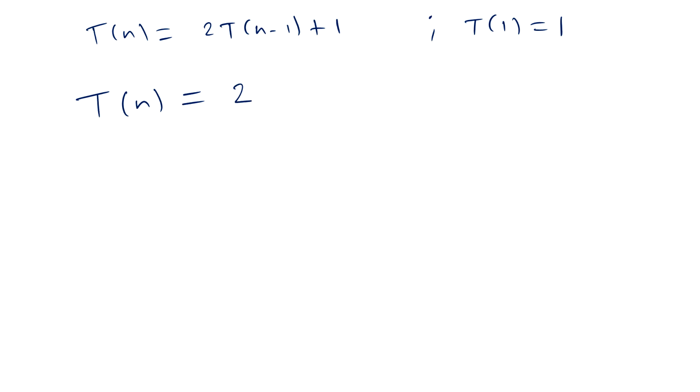So far the story is we have modeled the Tower of Hanoi puzzle by the formula T of n is equal to twice T of n minus 1 plus 1 with the base case of T of 1 is equal to 1, and we have solved it explicitly by giving the formula T of n is equal to 2 to the power n minus 1.